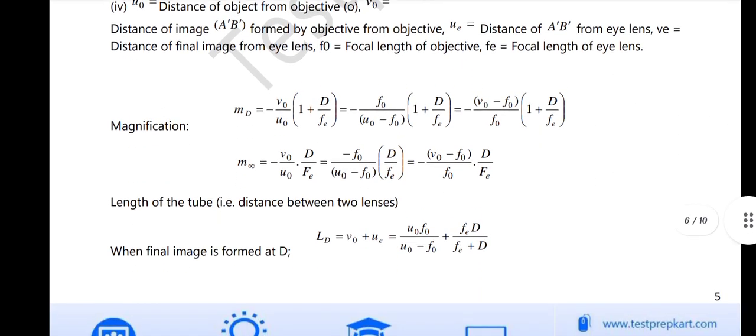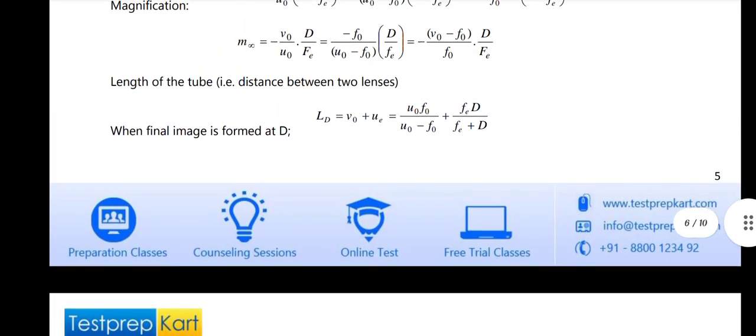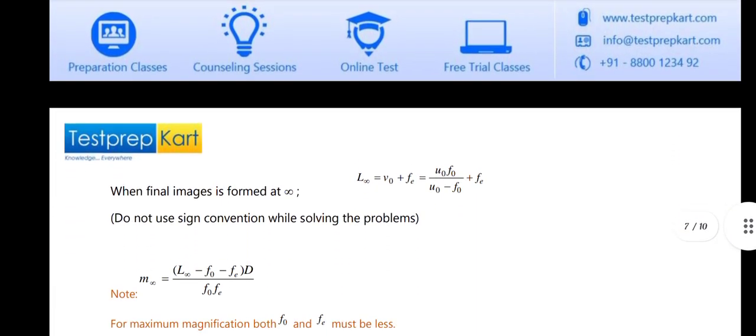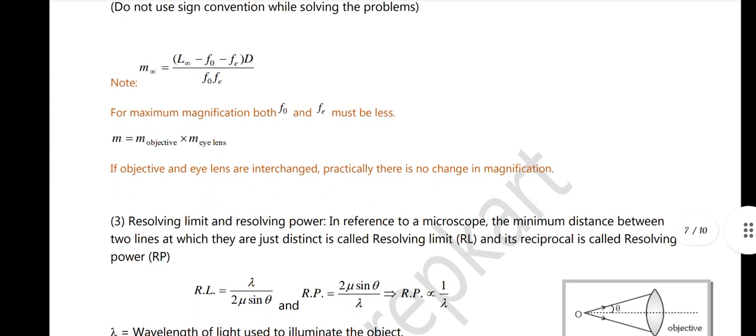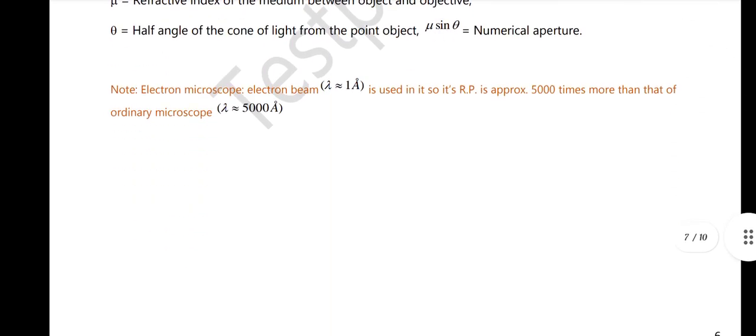So this you can see. Now when the final image is formed at infinity, the formula is L infinity equal to V naught plus f_E, that is equal to u naught f naught by u naught minus f naught plus f_E. This is the formula we use, and there are also some more formulas you use sometimes.